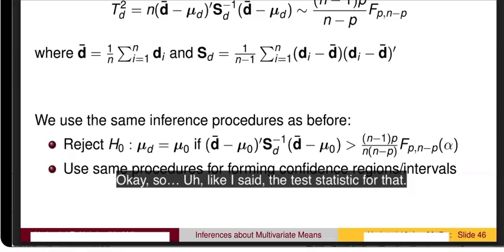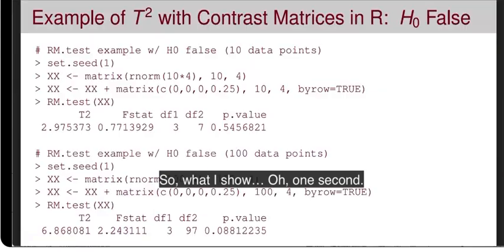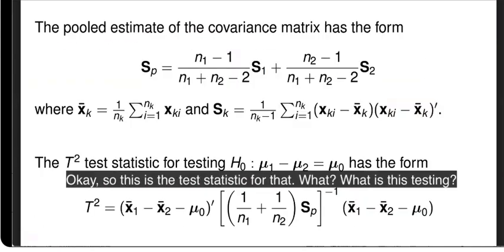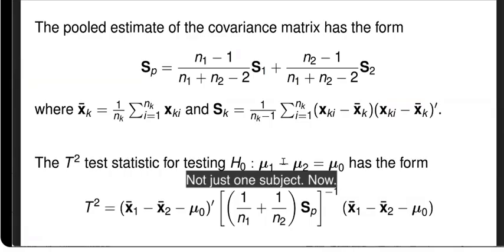Like I said, the test statistic for that is what I show. One second. So this is the test statistic for that. What is this testing? It's actually testing whether there's a statistical significance in the joint performance of the schools in those subjects, not just one subject.